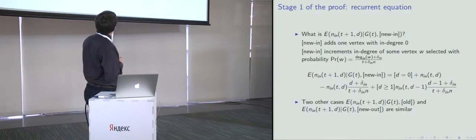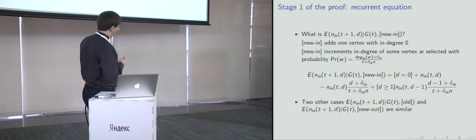In every step, we have three possible processes. For new in, this process adds one new vertex with in degree 0, and it increments the in degree of some vertex selected according to preferential attachment.